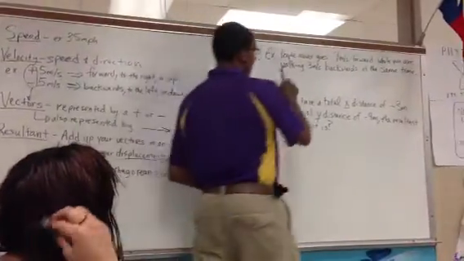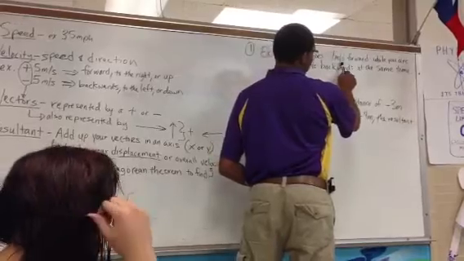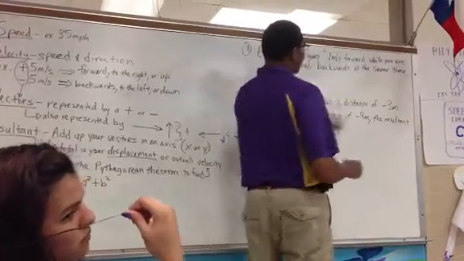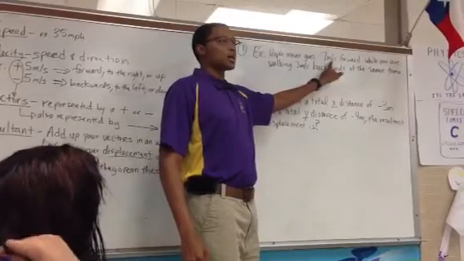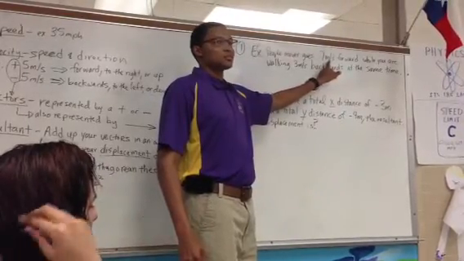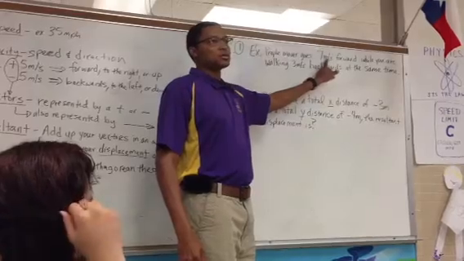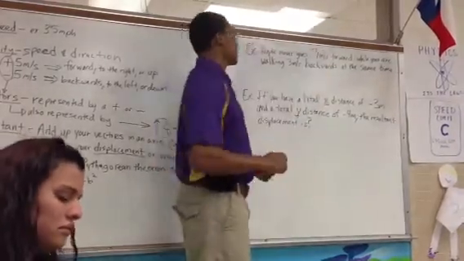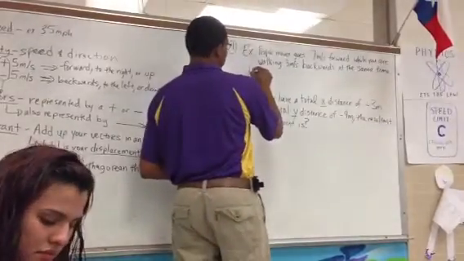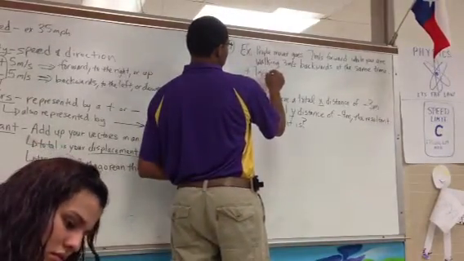All right. So the people mover is going 7 meters per second forward. How else could I represent 7 meters per second? Draw an arrow to the right. Okay. Or I can do what? What else could I do to represent forward? Put a plus sign. Exactly. So I can put a plus 7 meters per second. Okay.